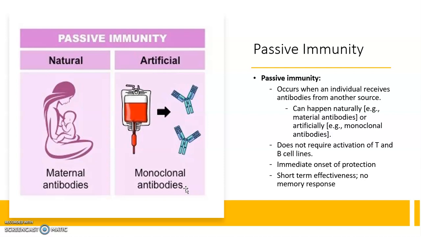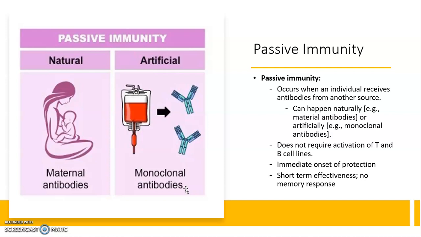We also have artificially acquired passive immunity, which is typically done through infusions with monoclonal antibodies. So if you are sick with a disease, they can basically transfuse antibodies designed to fight off that specific pathogen into your body. These antibodies were made in other humans or other animals against the infectious pathogen, and then they are injected into you to fight off the infection.